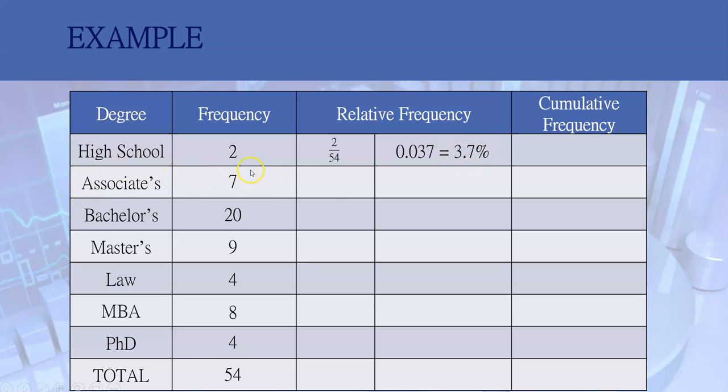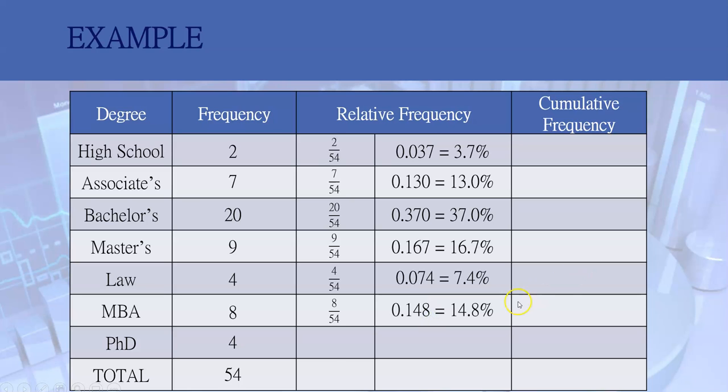Then for the associate's degree, I would take the 7 and divide it by 54. And then to get it in percent form, I divided 7 by 54 and multiplied by 100. For the bachelor's degree, it's 20 over 54. I then divided those, got decimal form, and multiplied by 100 to get percent form. And I did that for each of them for the relative frequency. When you're all done, this total should add up to 1 because that's 100% of your survey.